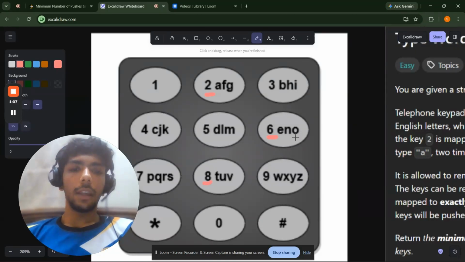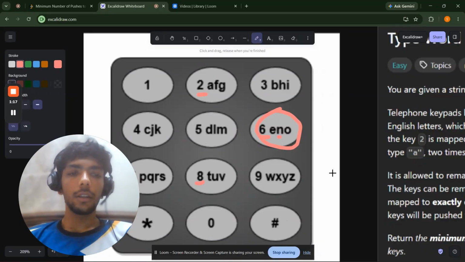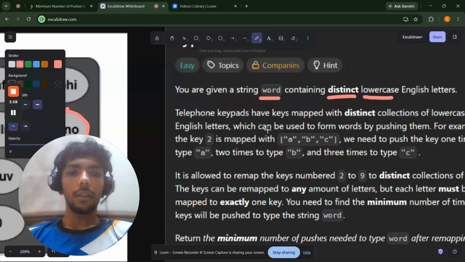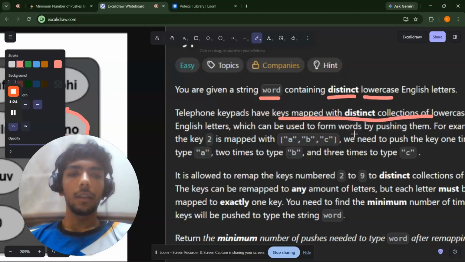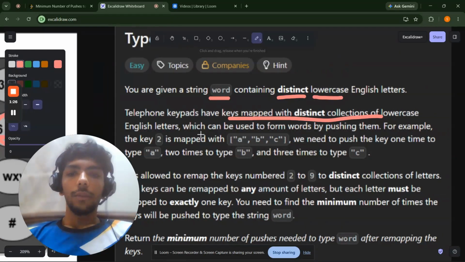If you find n, you can check all other keys: except for this key, n would not be found in any other key. So that is what it means to have keys mapped with distinct collections of lowercase letters, which can be used to form words by pushing them.